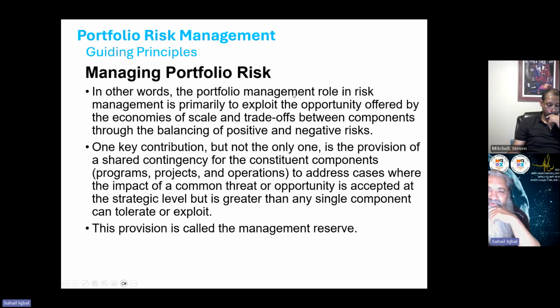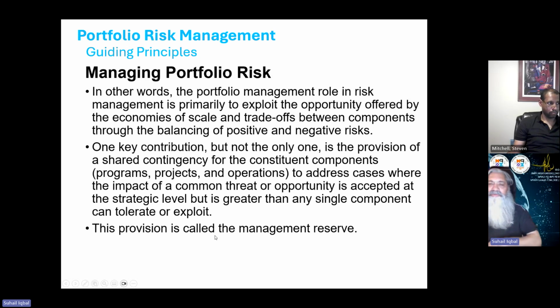It says the portfolio management role in risk management is primarily to exploit the opportunity naturally offered by economies of scale. You understand what the economies of scale are. You understand what the trade-offs are between components through the balancing of positive and negative risk.